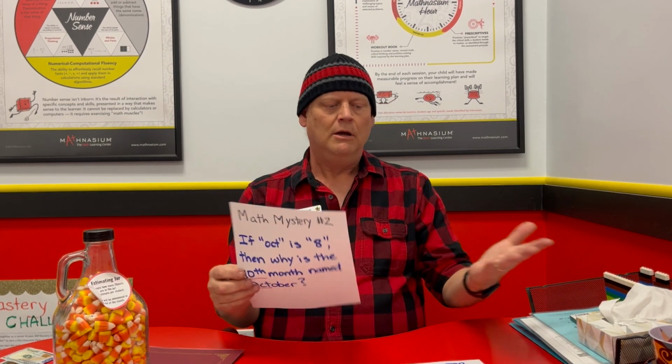And November, Nov, is another way of saying 11. And December starts with dec, like decimal, that's 10. But they're the 9th, 10th, 11th, and 12th months, not the 7th, 8th, 9th, and 10th months. So the question is, why is it called October when it's the 10th month?